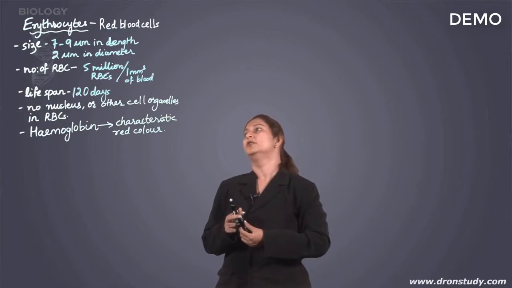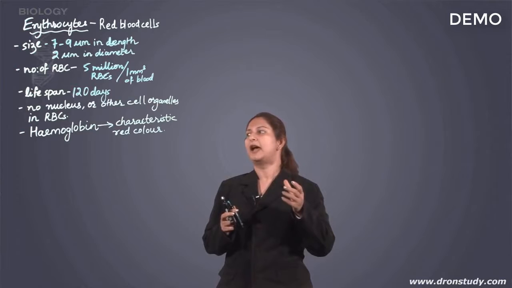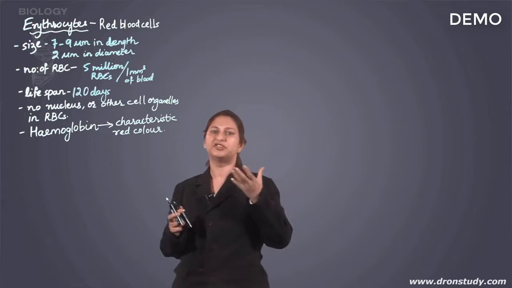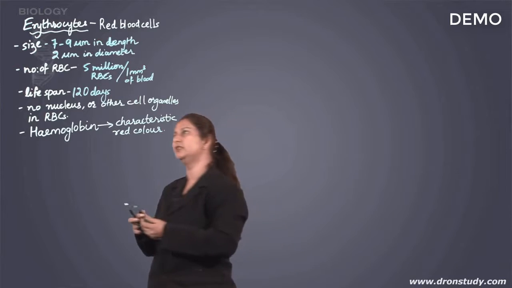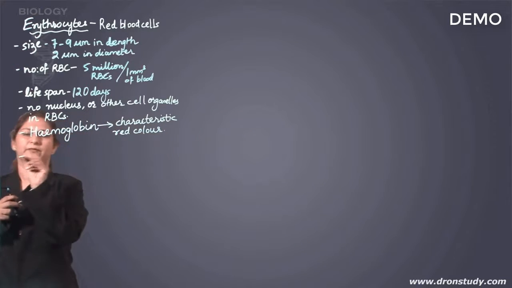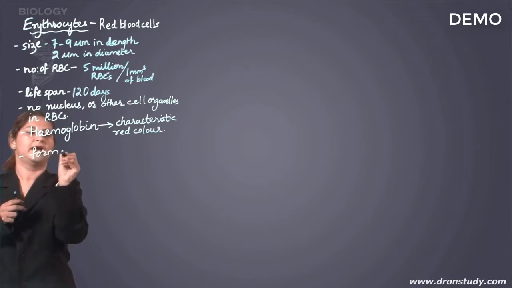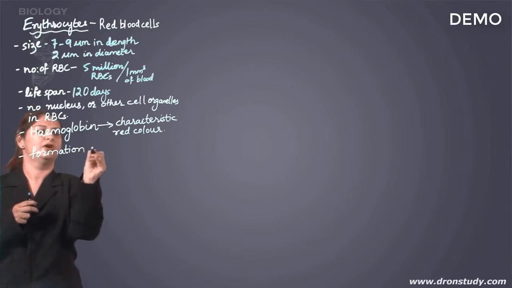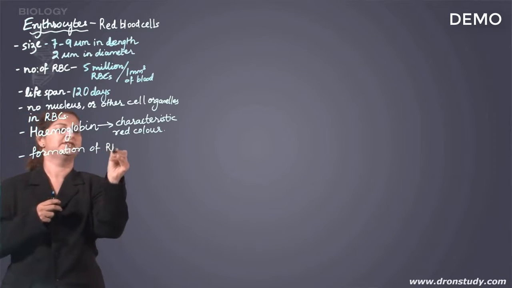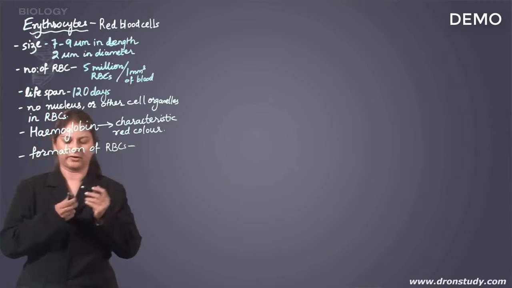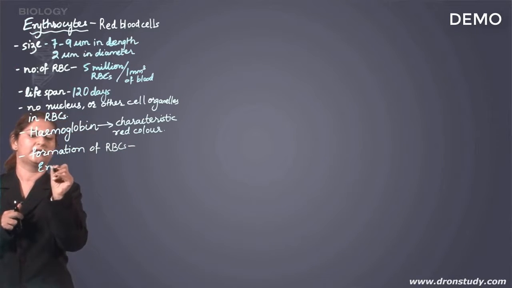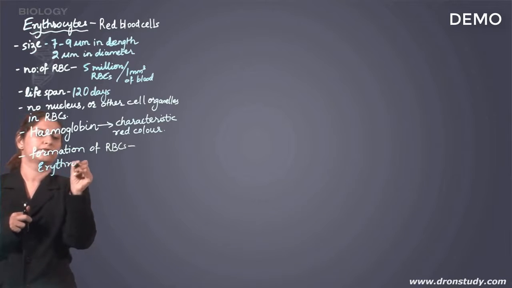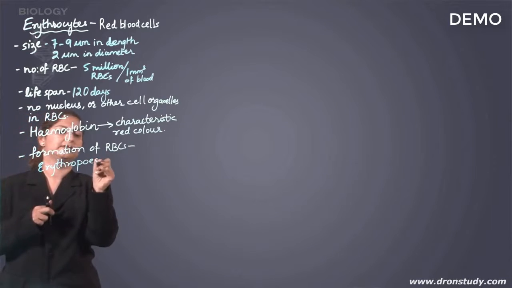Then, if we look at the formation of red blood cells or erythrocytes, it happens in the bone marrow. So the formation of RBCs is also called erythropoiesis.